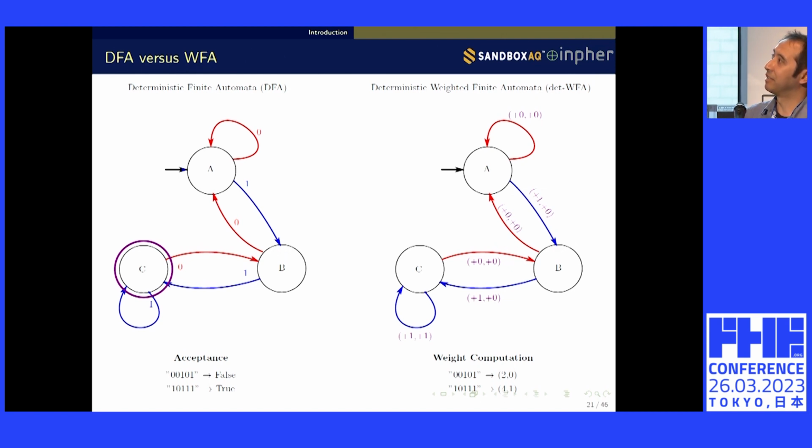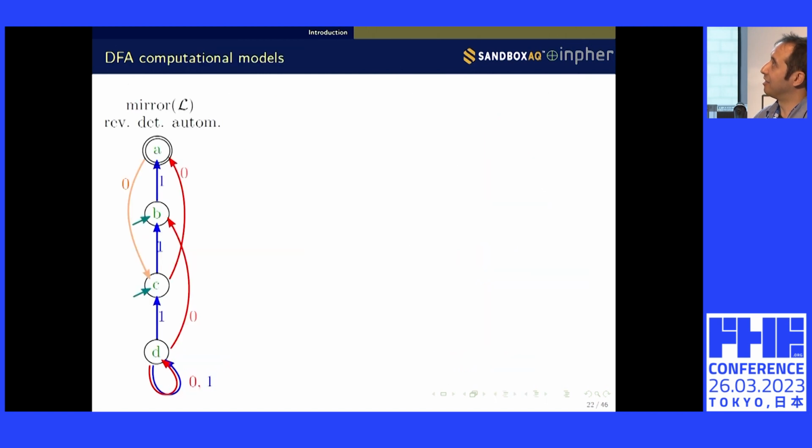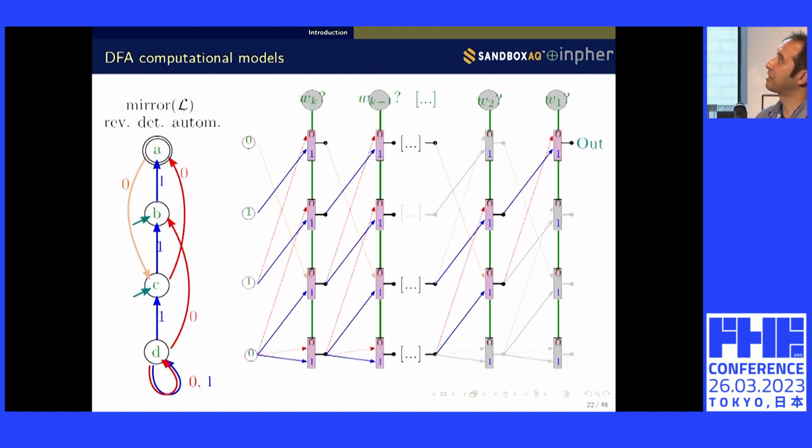Every time you read a letter, you follow a transition. And in a finite automaton, you try to answer whether you are in an accepting state or not. Or you can have weighted automata, so whenever you read a letter, you add the weights that are on the path. And again, evaluating this automaton is just piling MUX gates together. So you can evaluate automata.